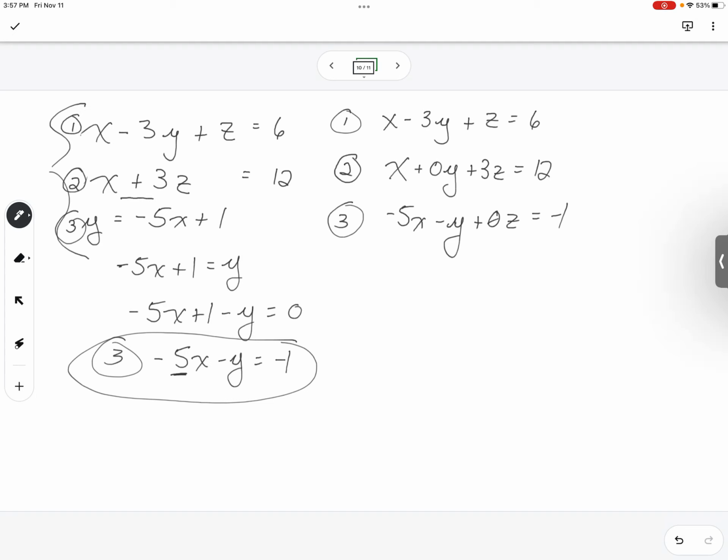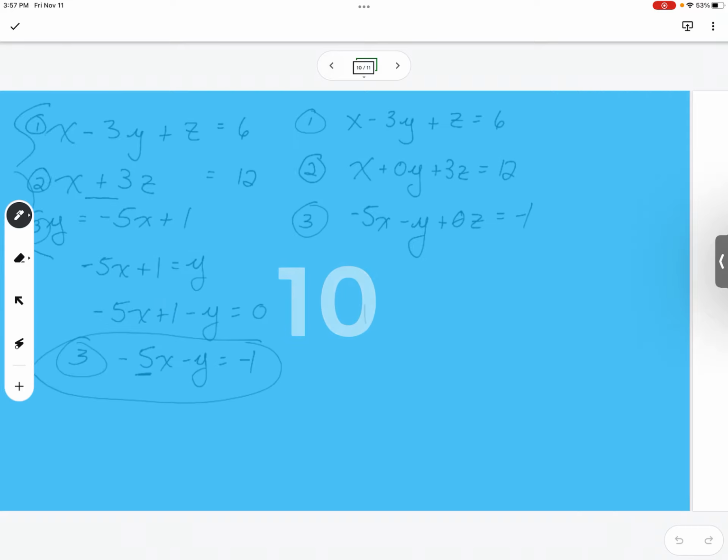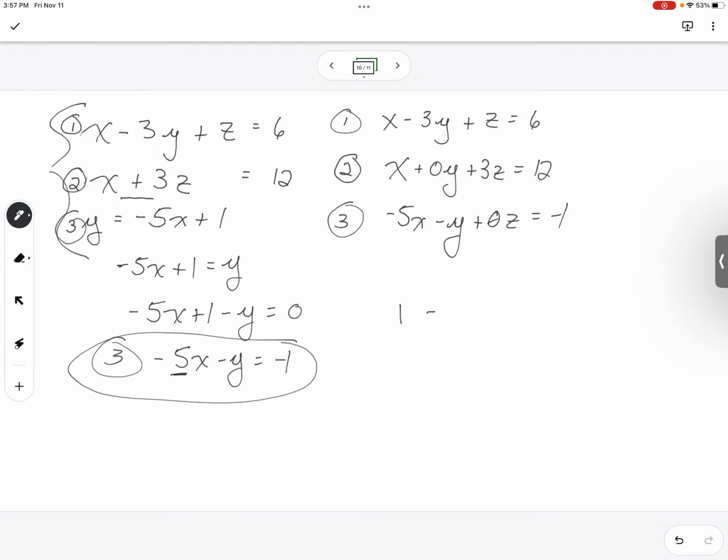So when I set up this matrix, I'm going to transfer all of the coefficients from equation 1, leaving the variables behind, and I get a 1x, a -3, and a +1, and on the other side of my bar I have a 6.